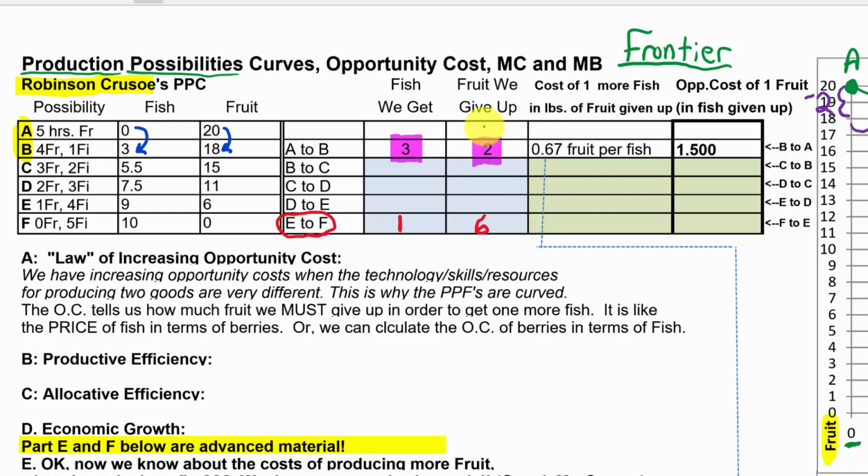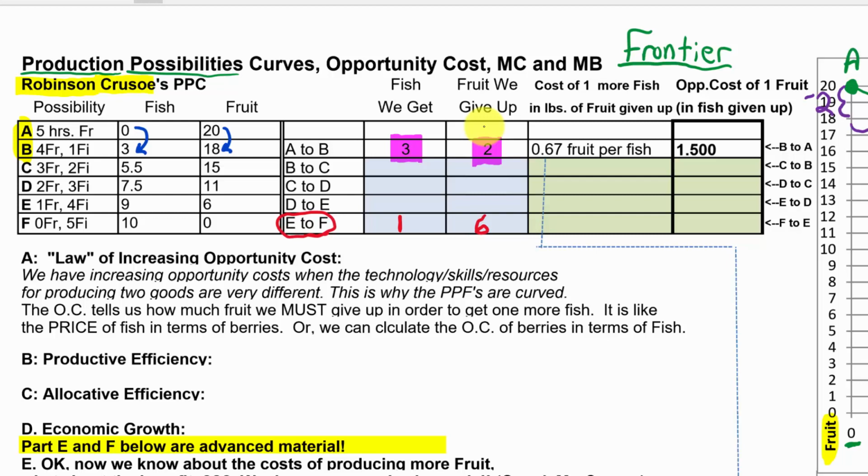Here's a slightly more complicated way. What if I asked you, what is the opportunity cost per fish of each fish that you get? Not of all 3 fish, but what's the opportunity cost of each of the 3 fish individually?